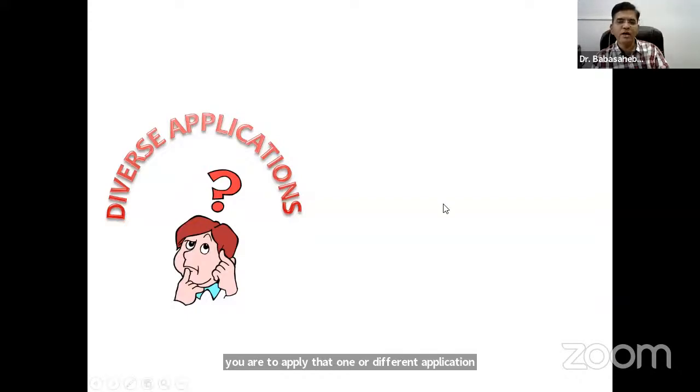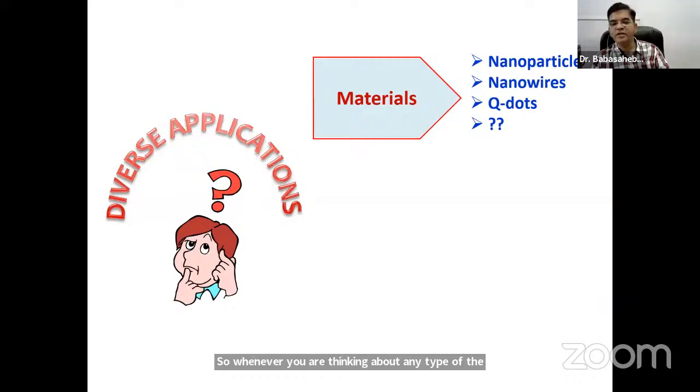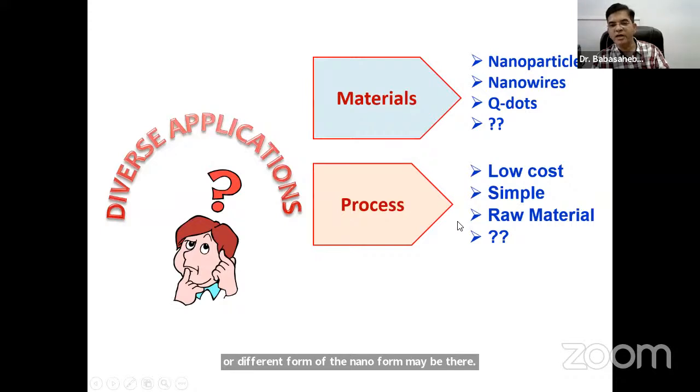Whenever you are thinking about any type of diverse application, you should keep in mind three points. The first point is the material. Whatever material you are taking, that can be nanoparticle, nanowire, quantum dot, or a different nanoform. But whatever process you are going to adopt to make that material, that should be low cost and simple.